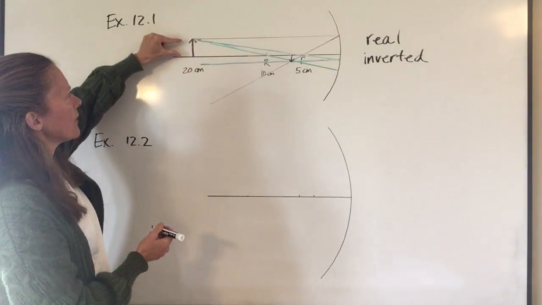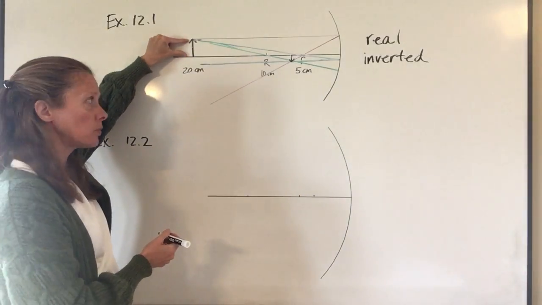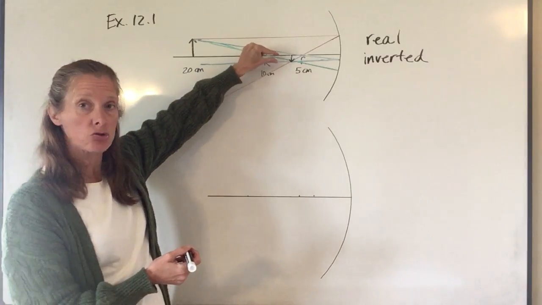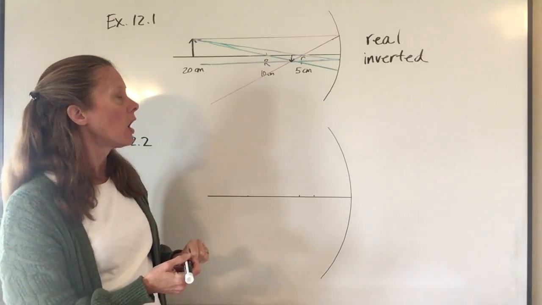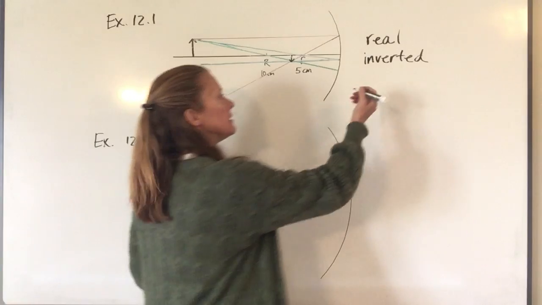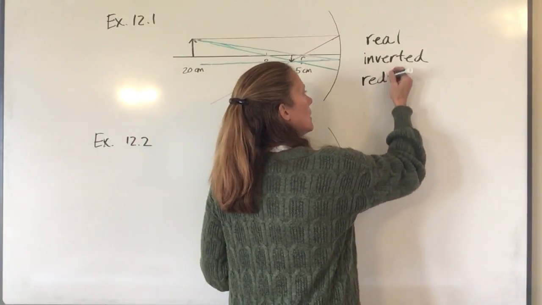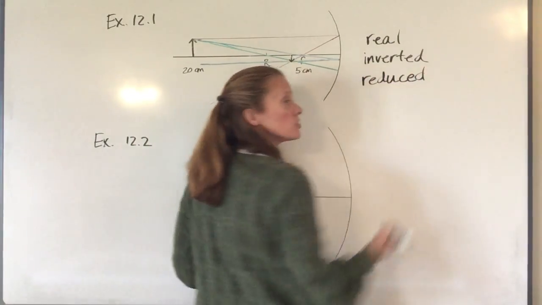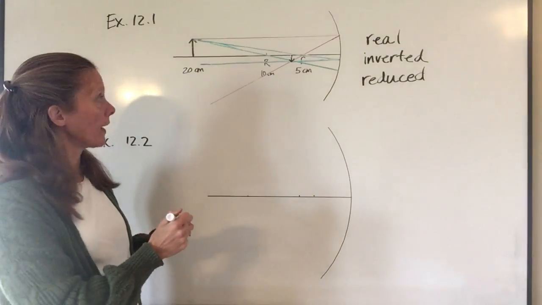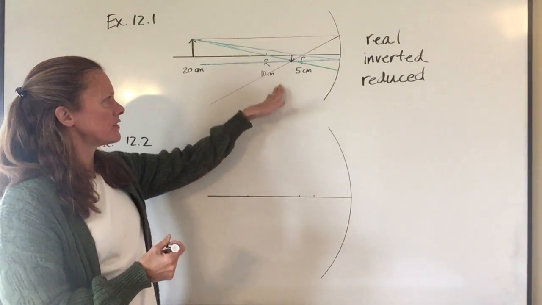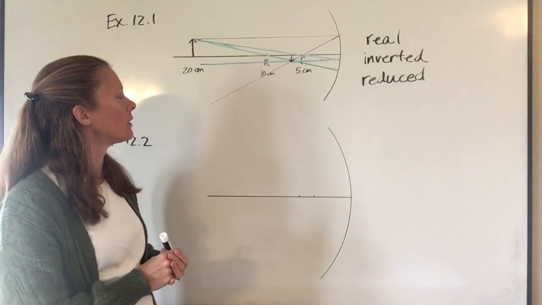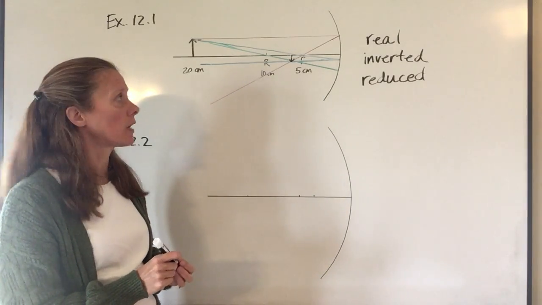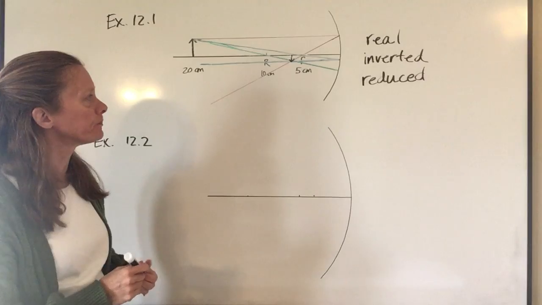And you can also tell that based on the size that this one was, this image is much smaller than it was before. So the image is real, it is inverted, and it is reduced in size. Okay? So there's our first example of a ray tracing diagram with a concave mirror.